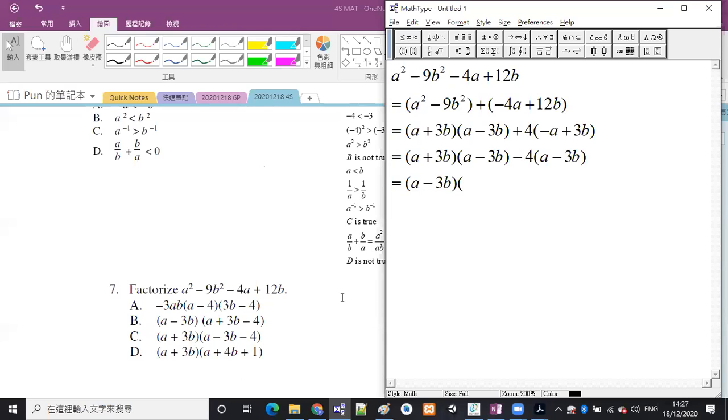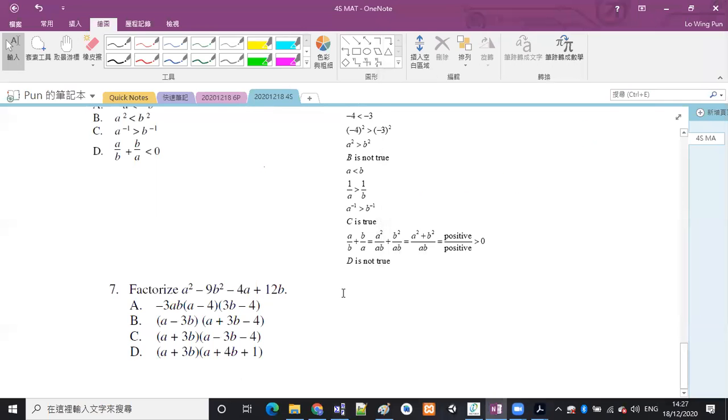For the first term, the remaining factor is a plus 3b. And then the connection between the two big terms will be minus, and the remaining term for the second group is 4. So it's a minus 3b, a plus 3b minus 4. Okay, so this is the answer, option B. Get it?